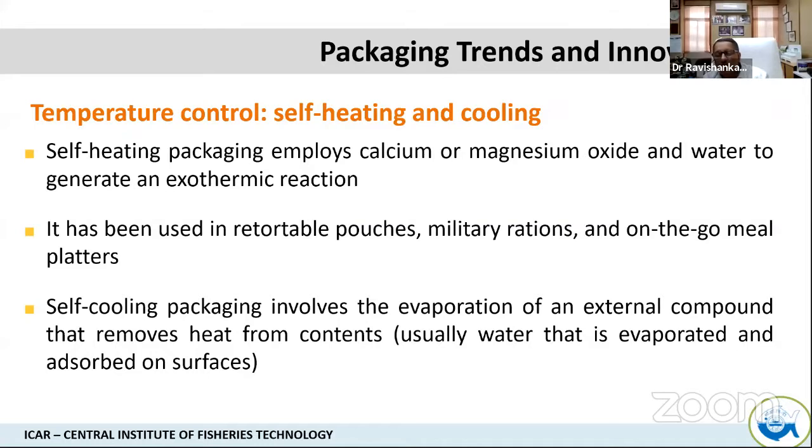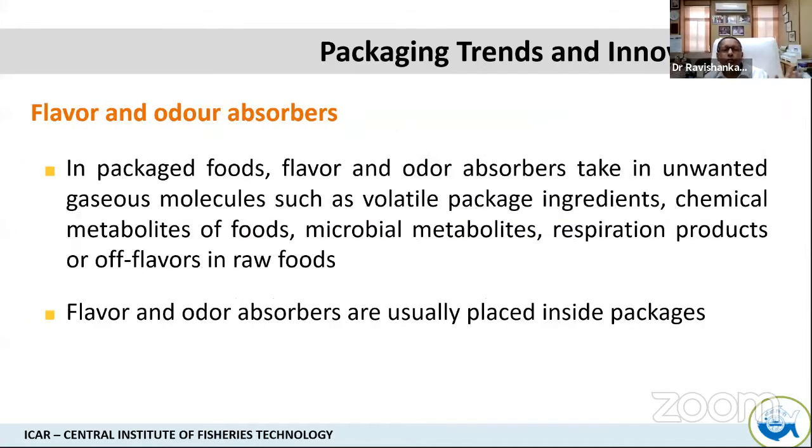If the pouch has a self-heating system, anywhere you go you don't need to warm it. You can simply activate it and use it. These are already available in coffee, which has a false bottom; you just remove that and it heats up. This sort of innovation is already in the market, so these things can be implemented. And when I'm talking about moisture absorbers, we are also talking of flavor and odor absorbers.